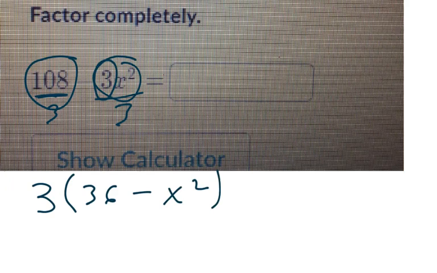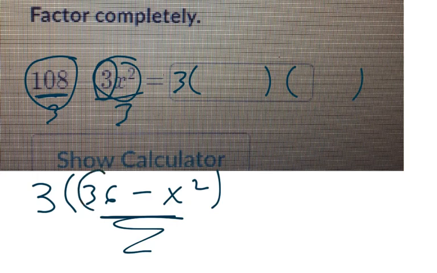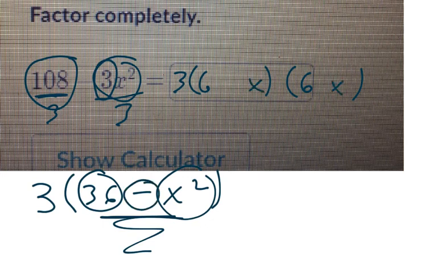So once I factor out the 3, hopefully you recognize that as a difference of 2 squares. So our final answer is going to be 3. Then we have our parentheses. 36 is 6 times 6. The x squared is x times x. To get the minus and also no middle x terms, we're going to do 1 plus and 1 minus.